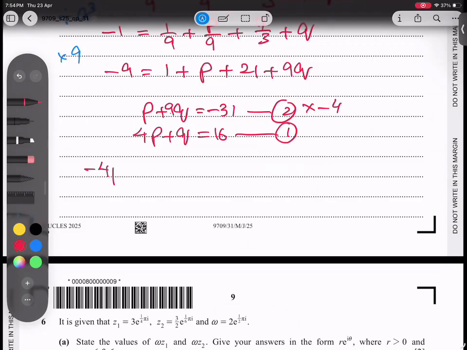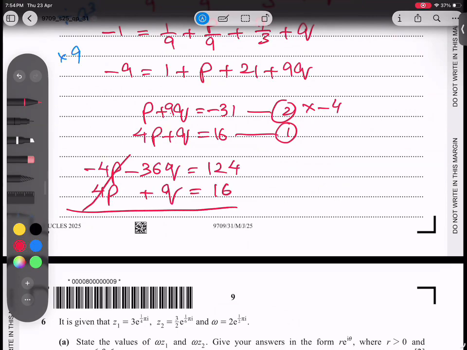So negative 4p, negative 36q, 4 ones are 4, 4 threes are 12, 4p copy and q copy equal to 16. This cancels out, negative 35q, and here 0, so 3 and 4, 140. So 140 divided by 35, we are getting negative 4. So q becomes negative 4.